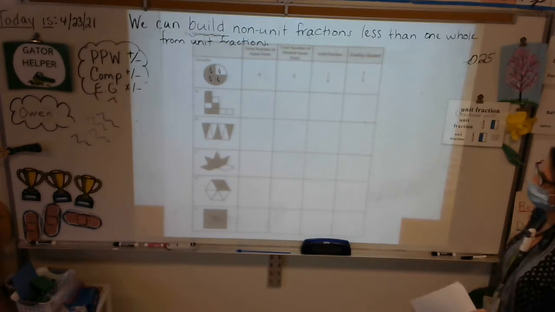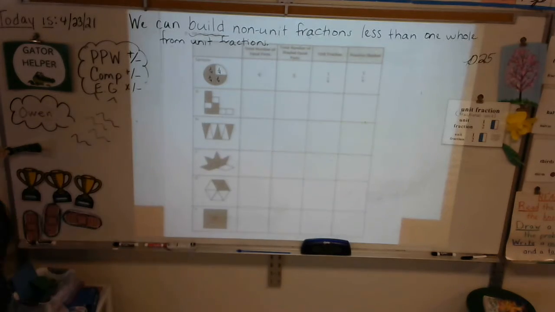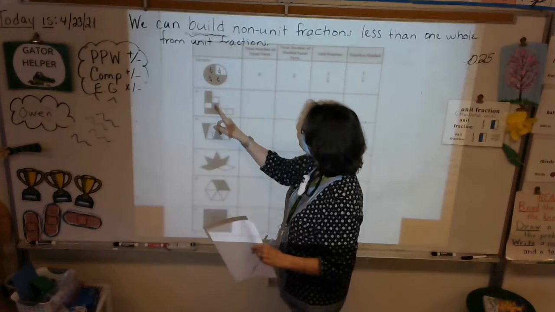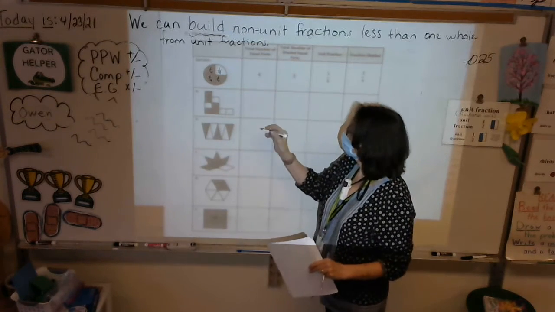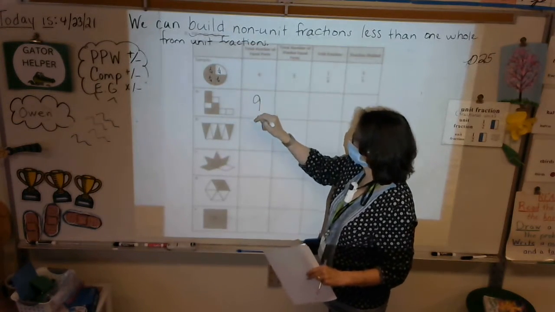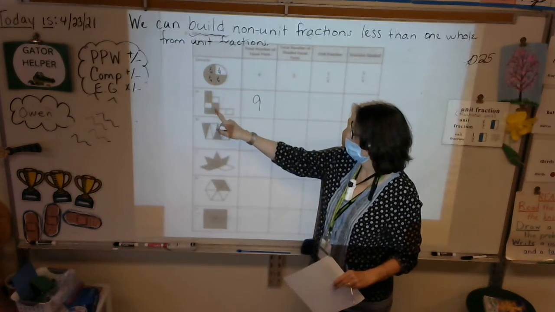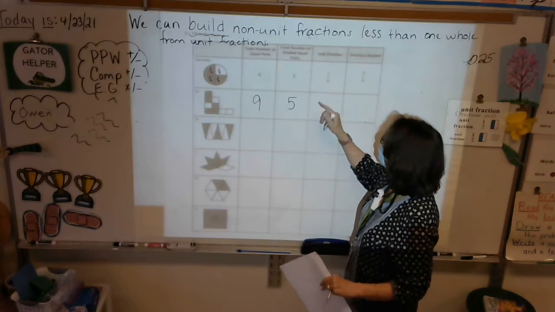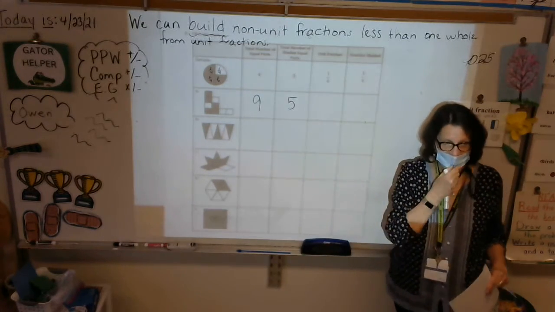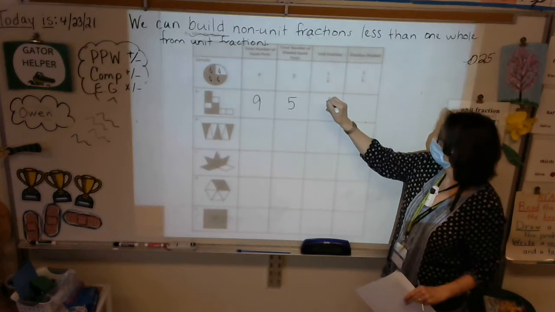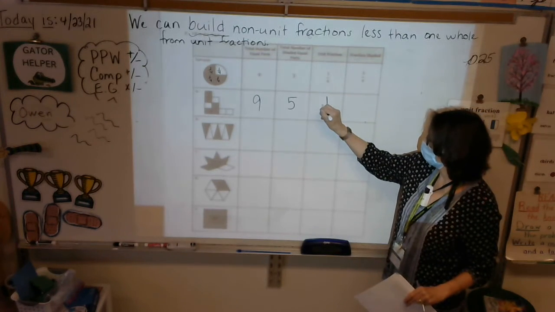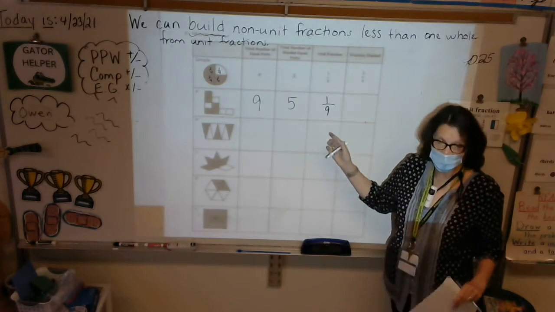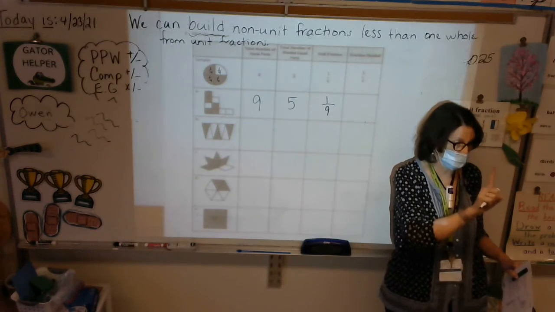I'm going to call on some people to help me. All right, so Raga, how many equal parts in A? 9 equal parts. How many parts are shaded, Raga? Very good. What's my unit fraction if I have 9 equal parts, Raga? Very good, 1/9. Where did he get that? The 1 is, unit fraction always means 1.